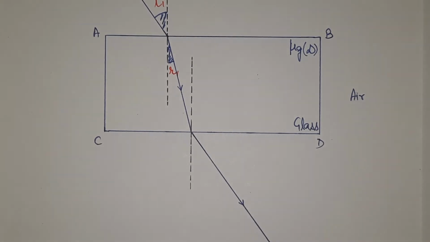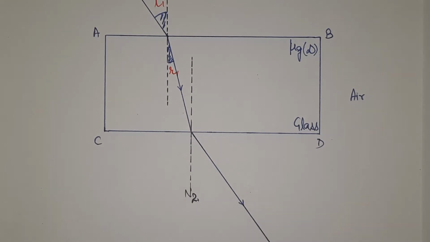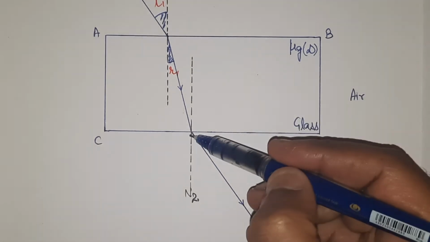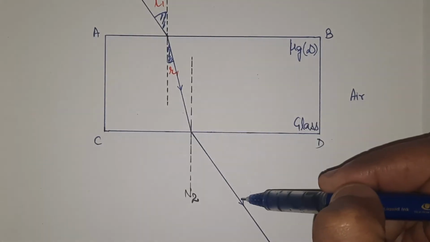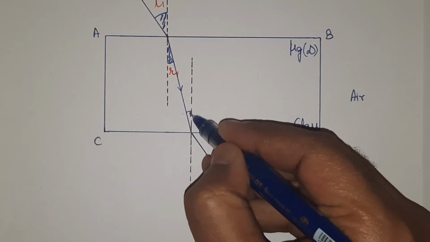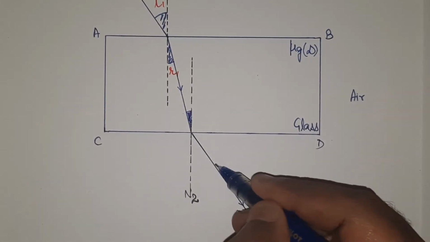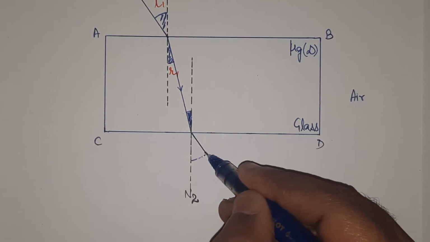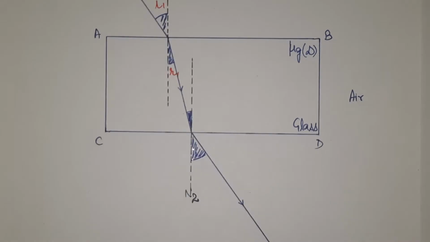This is the normal on the second refracting surface, so we call it N2. The angle which the incident ray makes with the normal is the angle of incidence for the second refraction, and the refracted ray coming in the other medium makes the angle of refraction for the second refraction.